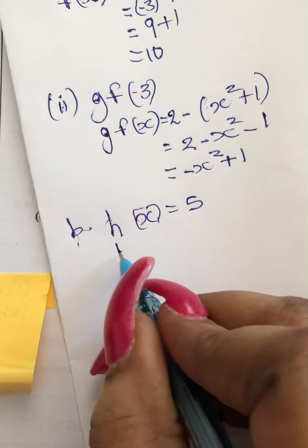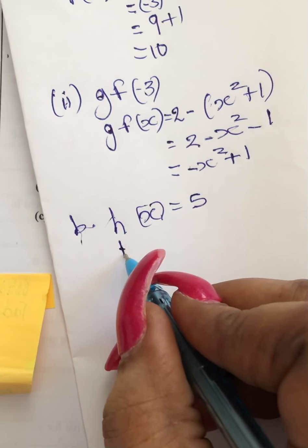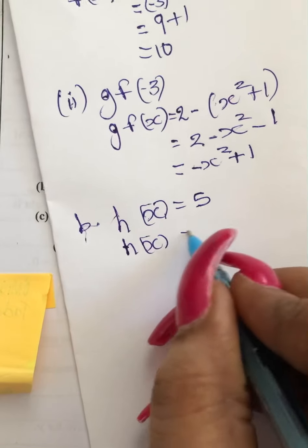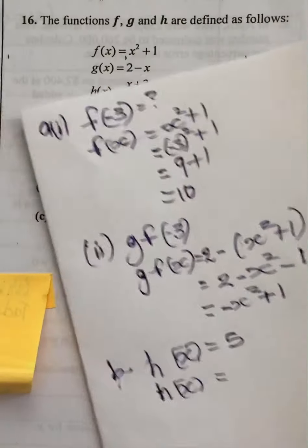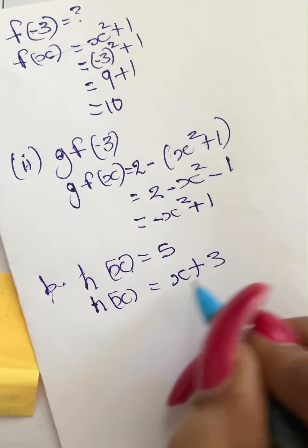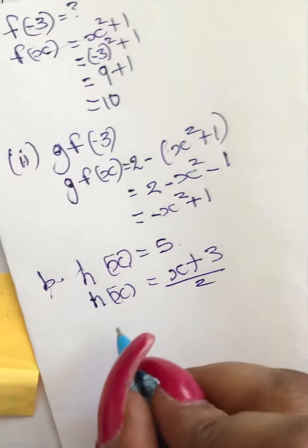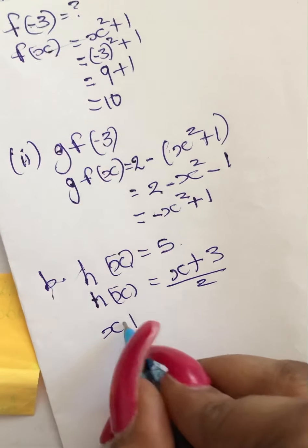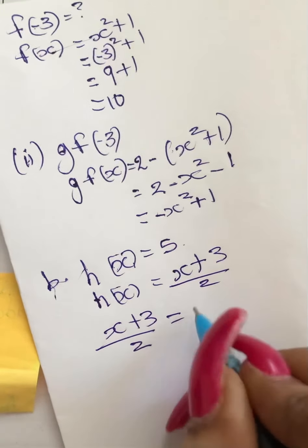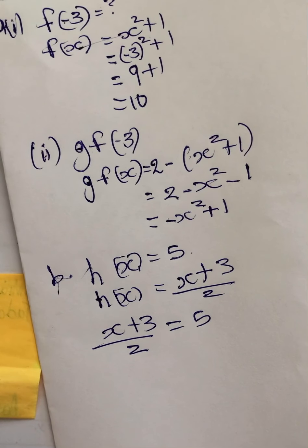So we write the value that is given for h of x. That's my h of x. We want to make this equal to 5. So we write x plus 3 over 2 is equal to 5, and we solve it as a fractional linear equation.